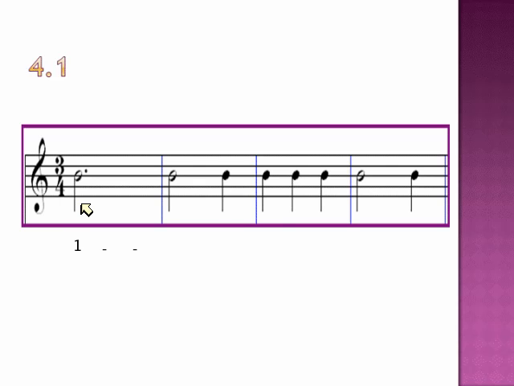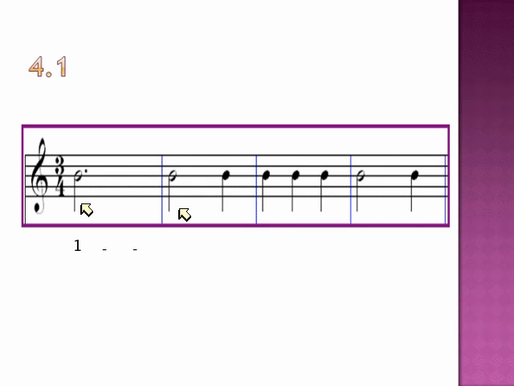But the attack or the initial sound starts on beat 1. So if I'm counting that, it's going to sound like 1, ready, count. 1. It's one sound that lasts for 3 beats. But I showed that it started on beat 1 and it continued for the next 2 beats for a total of 3.